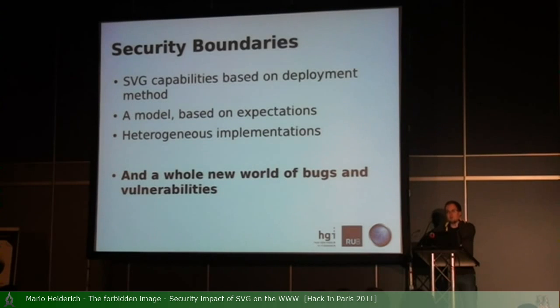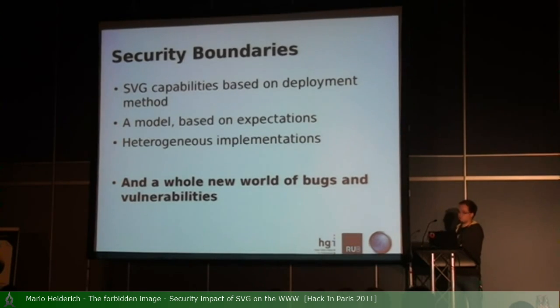And the major problem here is that there is no specification or documentation on what browser vendors should actually do. We have on the one side the SVG specification, on the other side we have HTML5 saying, hey, just support it via image tag and inline, and it's going to be all right. But there is no document in the middle saying, depending on how you deploy it, you should deploy it in a certain way and limit the features down or not.